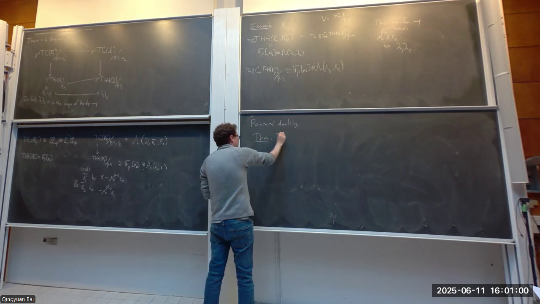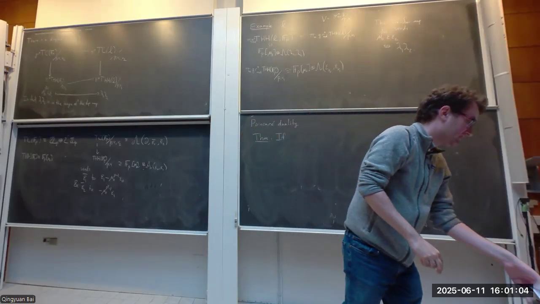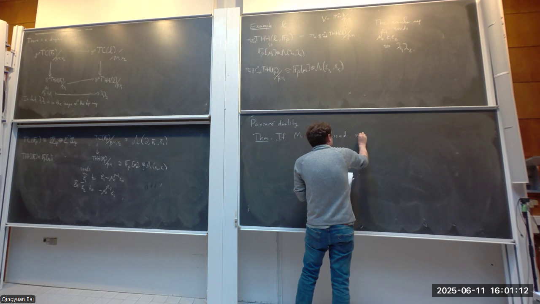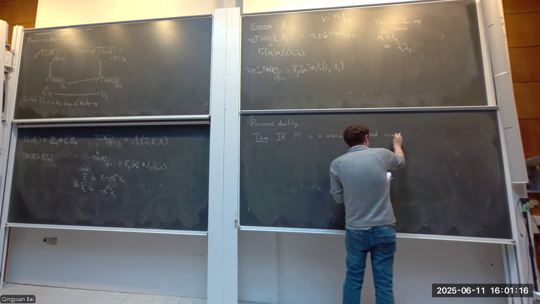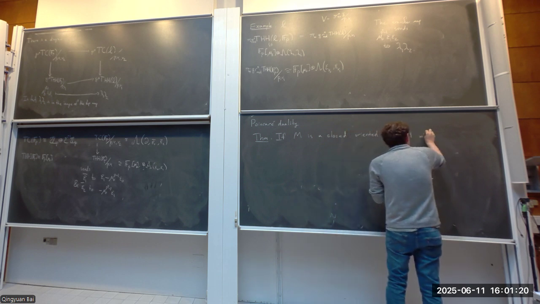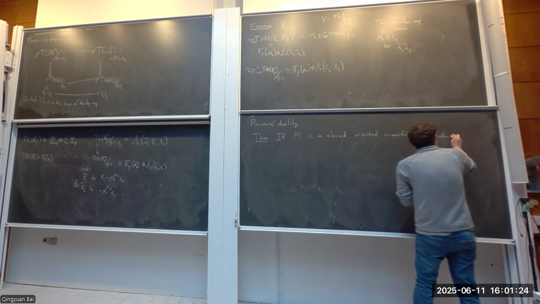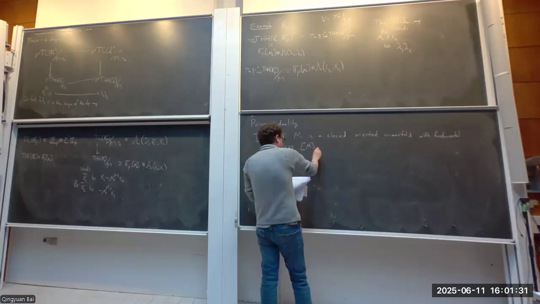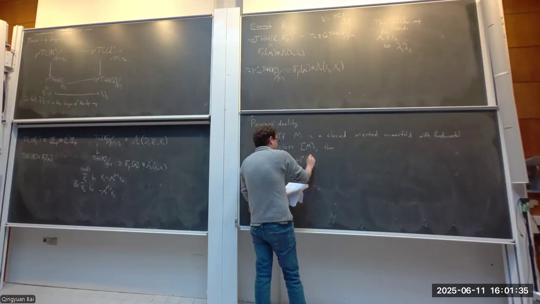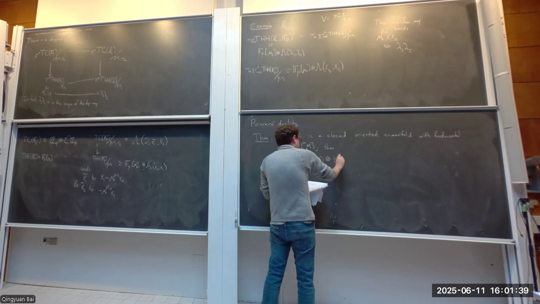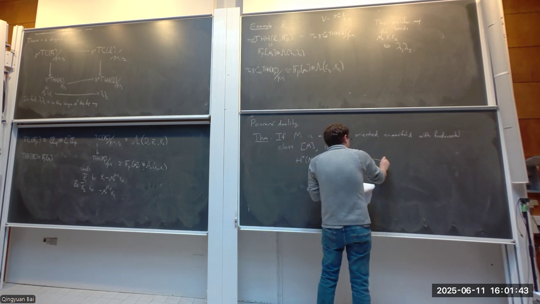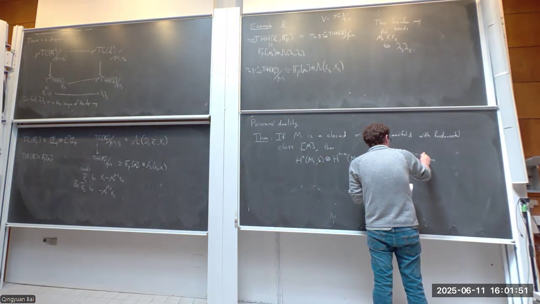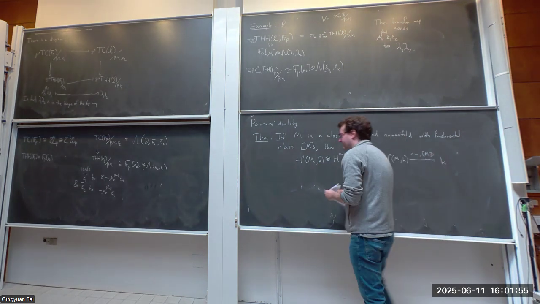The usual theorem: if M is a closed oriented manifold with a fundamental class, then I can take homology again with coefficients, and multiply together against the fundamental class, and get a perfect pairing.